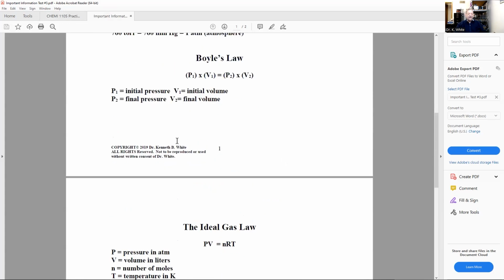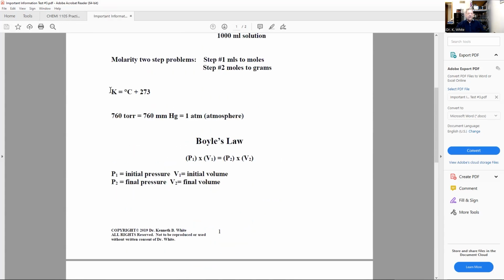Now, while we're here, notice I have here important information, test number 3. Kelvin equals degrees C plus 273. So you didn't have to memorize it, but you do have to know when to use it.